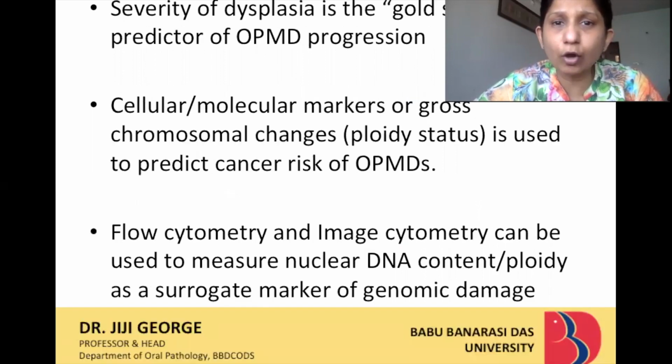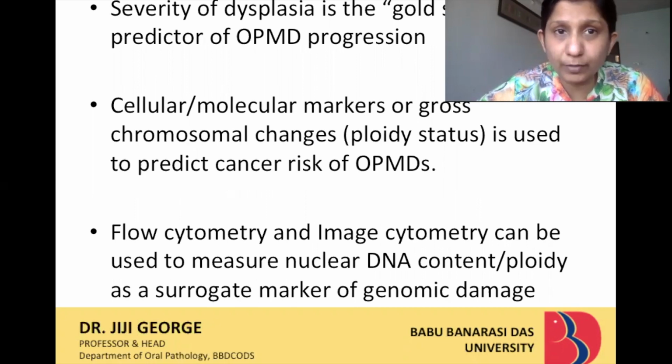Now, the severity of the dysplasia is a gold standard predictor for oral potentially malignant disorder progression. What I mean by that is the severity of dysplasia, the dysplastic features. There are a group of dysplastic features which we will be discussing in this lecture. It's a gold standard predictor.